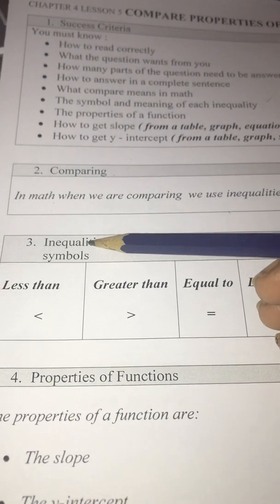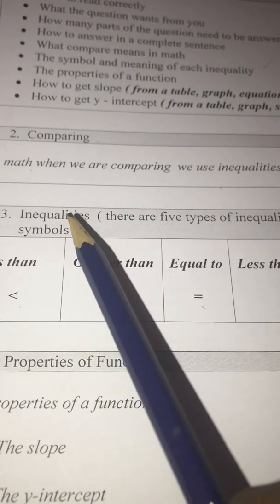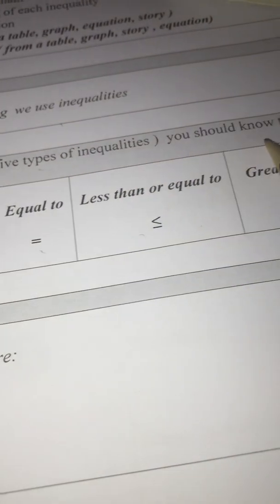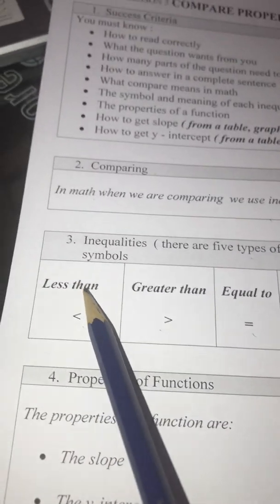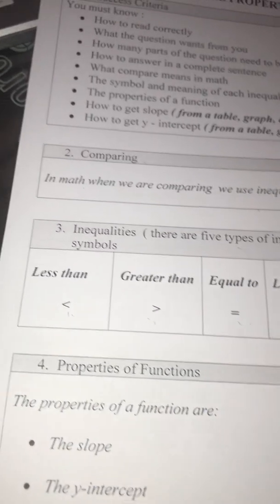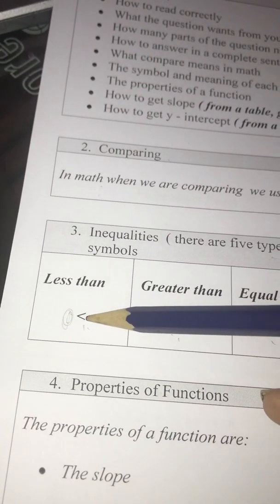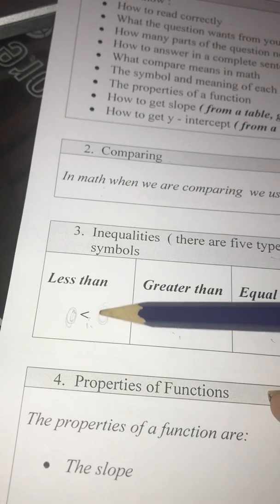What are inequalities? These signs over here are inequalities. So in math, we have 5 types of inequalities, and you should know them in words and in symbols. Less than, greater than, equal to, less than or equal to, greater than or equal to. Remember, we read left to right. So then the value you write over here has to be less than the value you write over here.